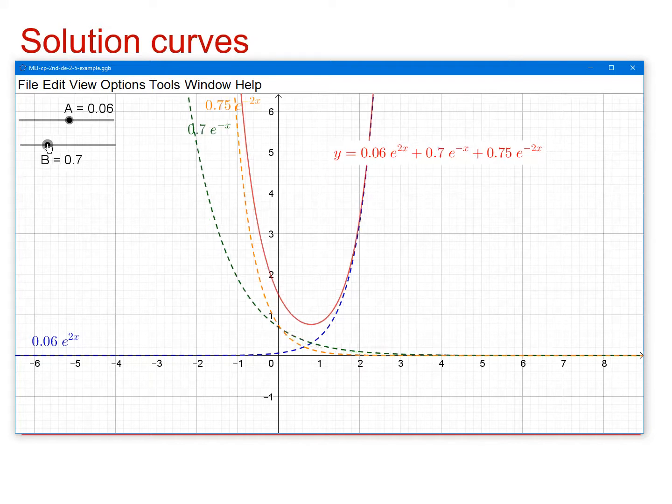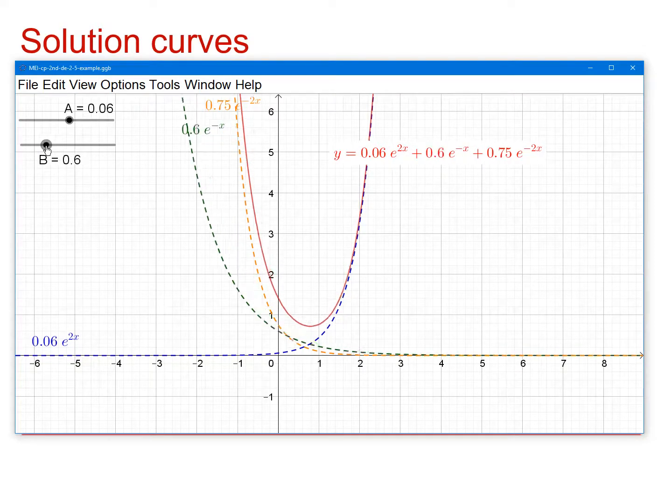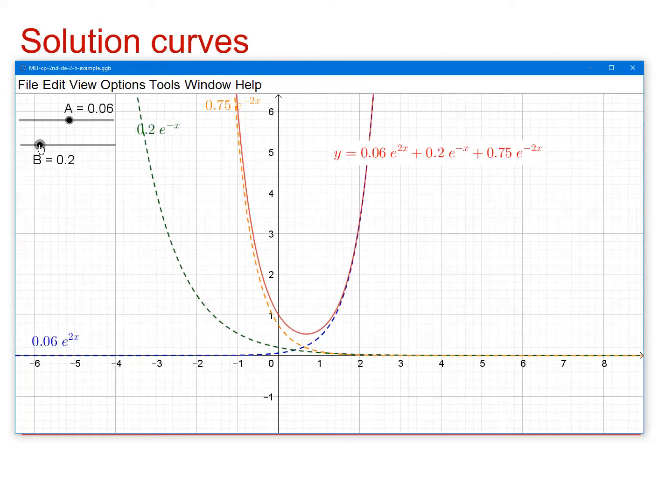If I change the value of b, actually not a lot happens to the solution curve. It does have an effect, but you can see as we bring b down smaller and smaller, it actually has an even smaller effect on the whole thing, and it really is being driven by e to the minus 2x. What happens at 0 values?